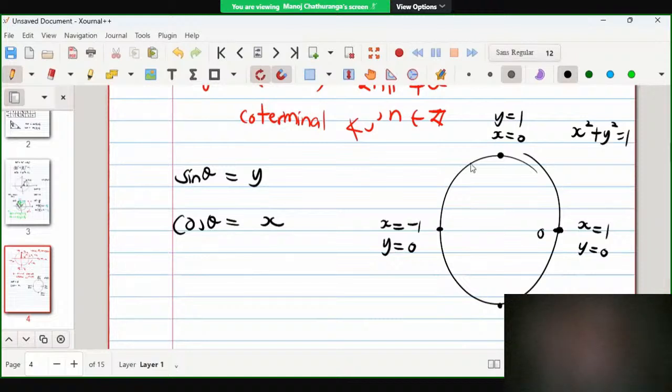This point is 0 and all its coterminal angles, this is pi by 2 and all its coterminal angles, then this is pi and all its coterminal angles, and the bottom point is 3 pi by 2 (270 degrees) and all the coterminal values of that.